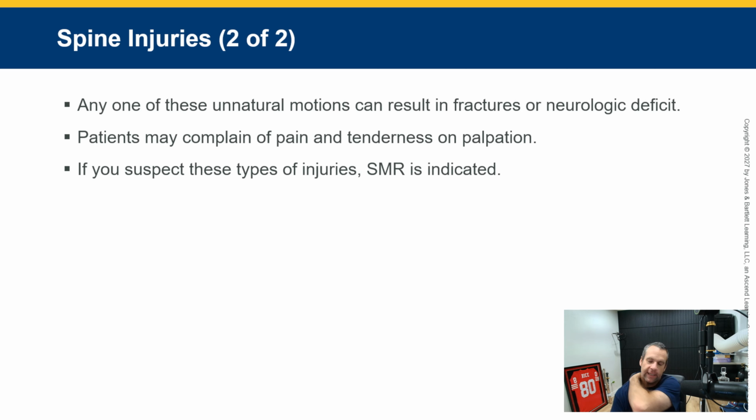Again, as I talked about, these forces could cause fractures. There also could be ligament damage, strains, sprains, damage to the spinal cord itself or the nerve roots. Your patient may report midline neck or back pain, tenderness, numbness, tingling, weakness. A displaced vertebra may occasionally create a palpable change in the alignment.